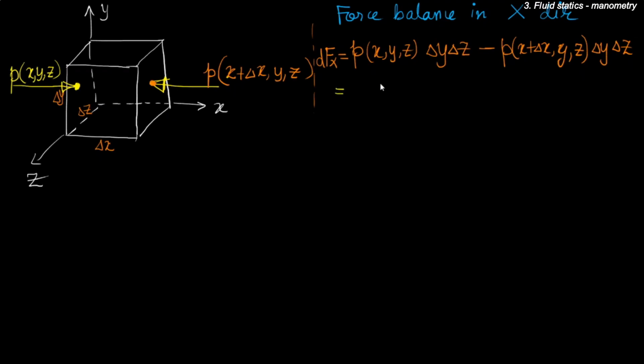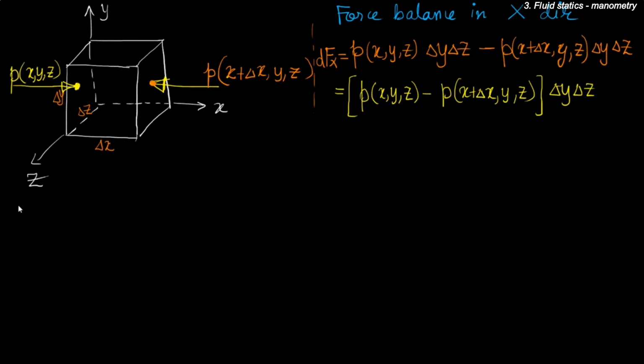Now I can write this as P(x, y, z) minus P(x + delta x, y, z) times delta y, delta z.